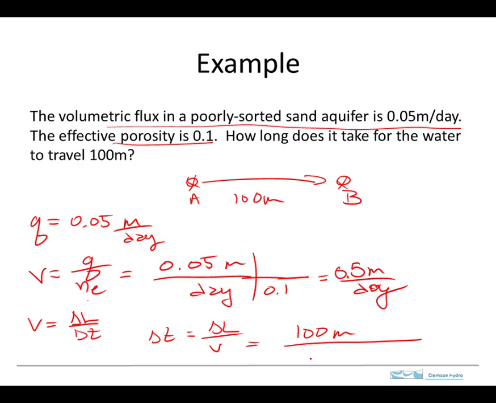So 100 meters, and the velocity is 0.5 meters per day. Then we cancel out, we see the units are days, and it's going to be 200 of them. So that's the travel time in this particular example.